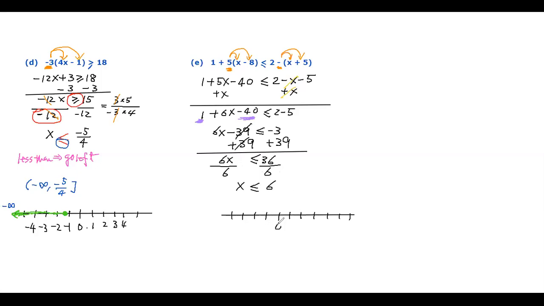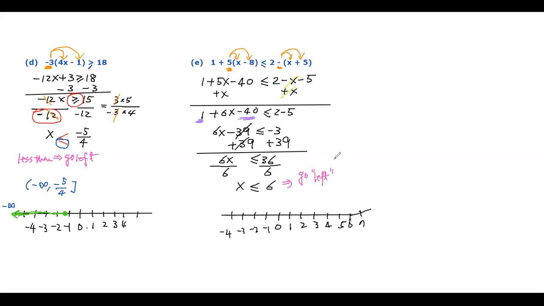Okay, so here, let's say this is 0, 1, 2, 3, 4, 5, 6, 7. So this is negative 1, negative 2, negative 3, negative 4. Okay, so how do we read this one? So this is x is less than or equal to 6. Less than, what do we do? Go left or go right? Go left, right?